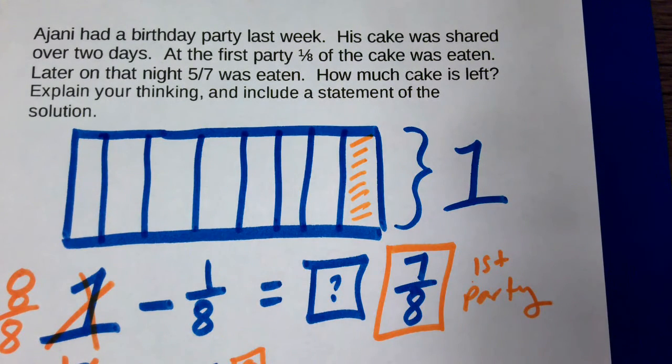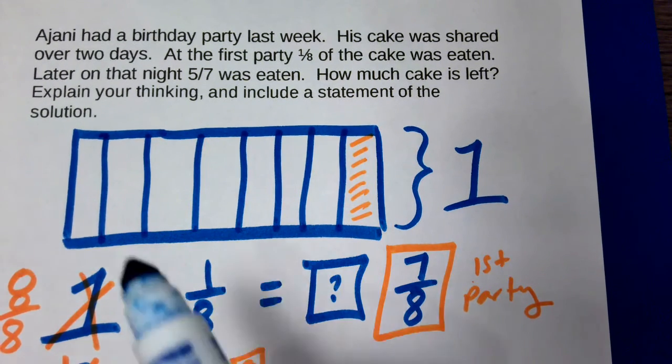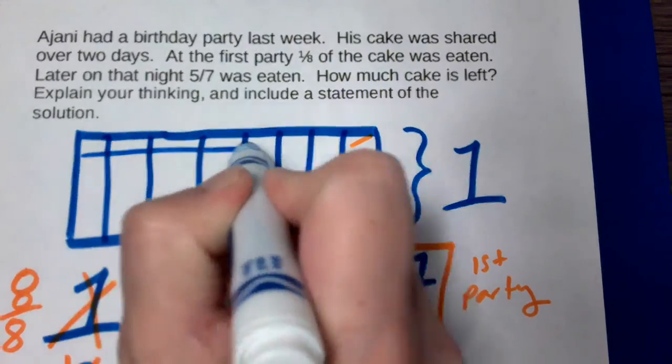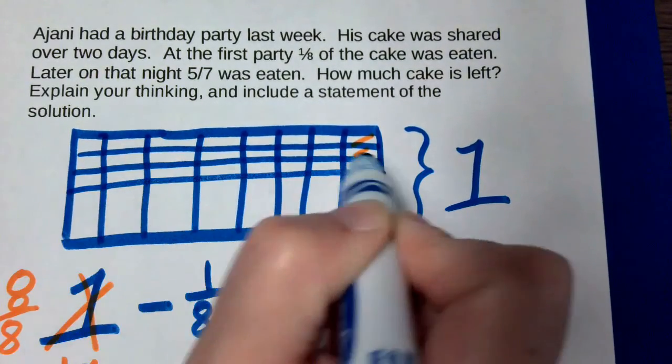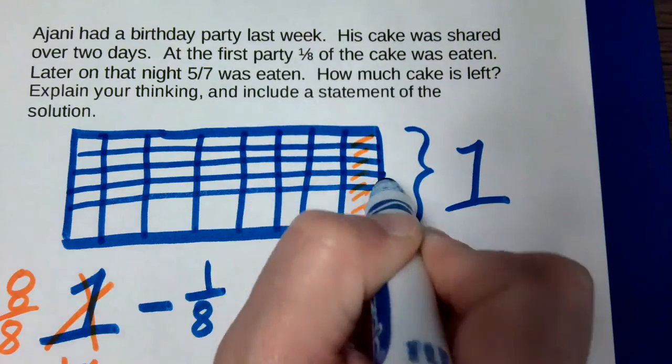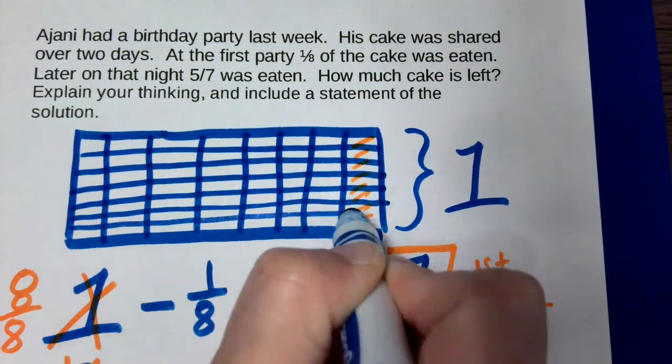That's what got eaten. Okay, and then the second time it was eaten is 5 sevenths. So over here I'm going to divide my other side of my cake into sevenths. Okay, so 1, 2, 3, 4, 5, 6, 7.